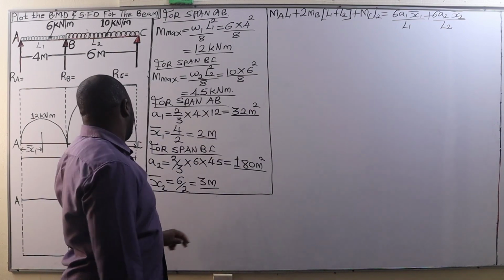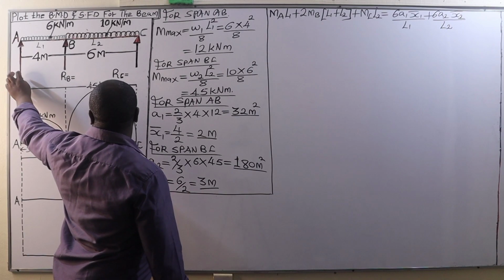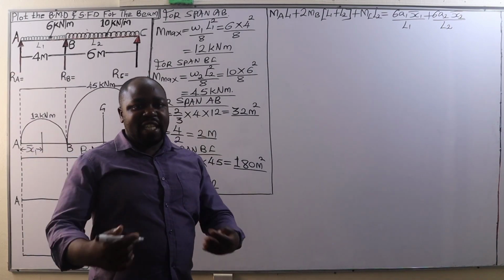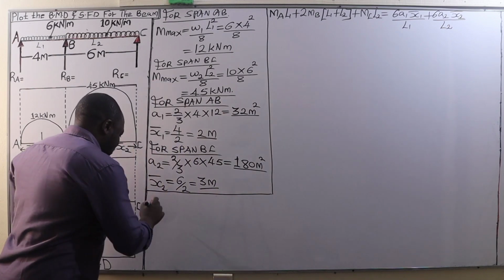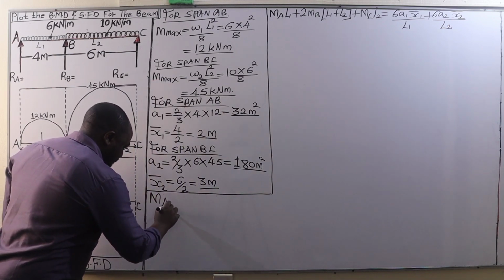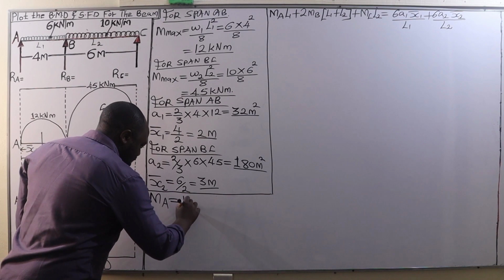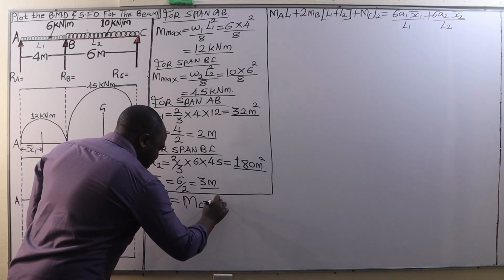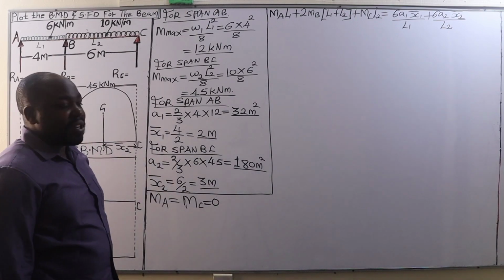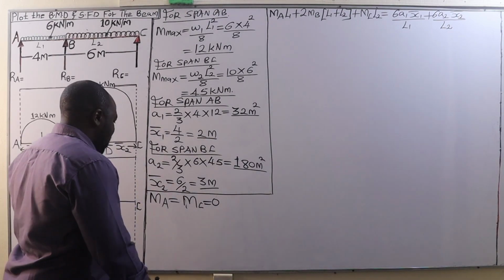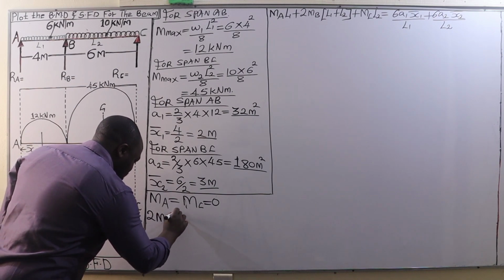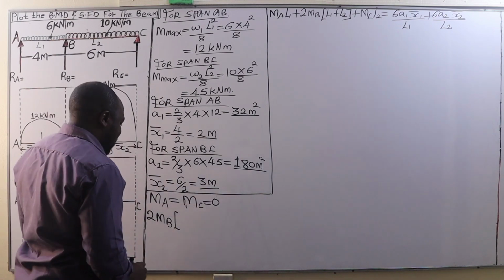Now, in this case, this continuous beam is supported on both of its ends, meaning that the bending moment at A as well as the bending moment at C are equal, and they are equal to 0. Therefore, we are going to remain with 2MB into (L1 plus L2).